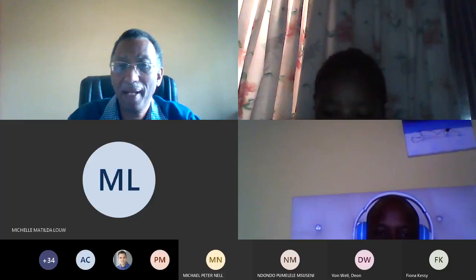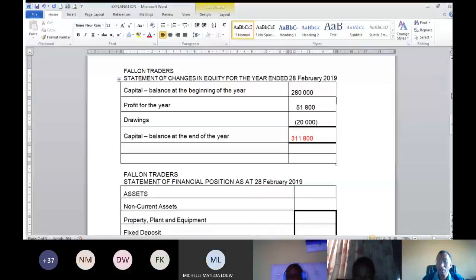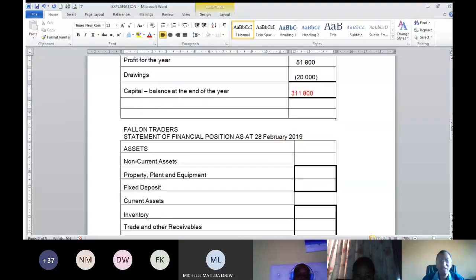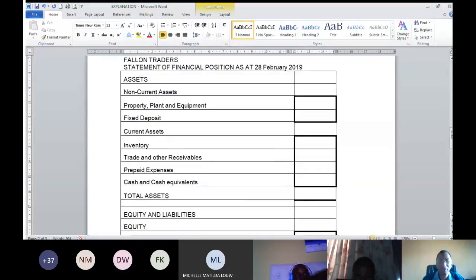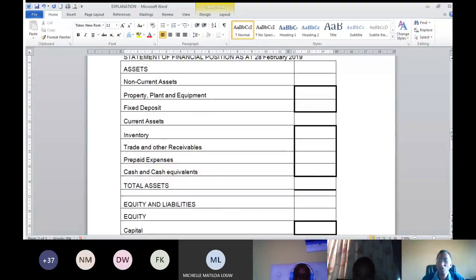So I'm going to apply this now, guys, to the question that we are busy with. And I am now going to start with my statement of financial position. I am just going to do the top section, which is my asset section. So you will have assets, non-current assets, and then your property, plant, and equipment.